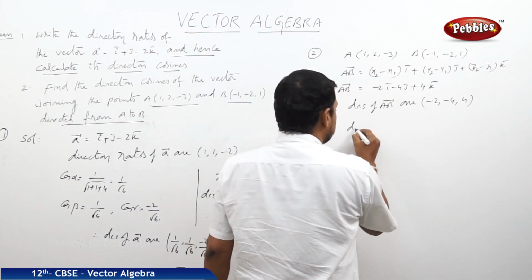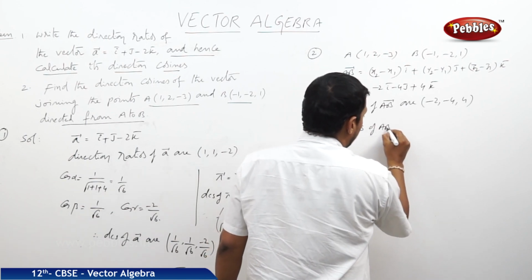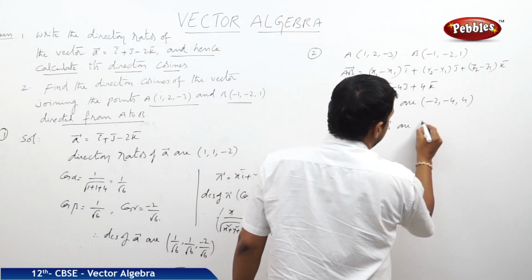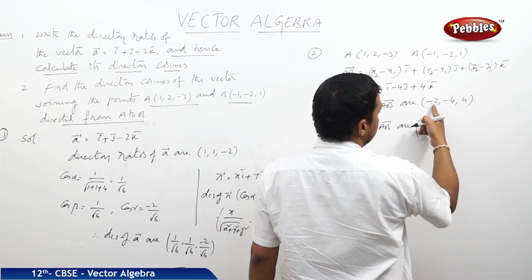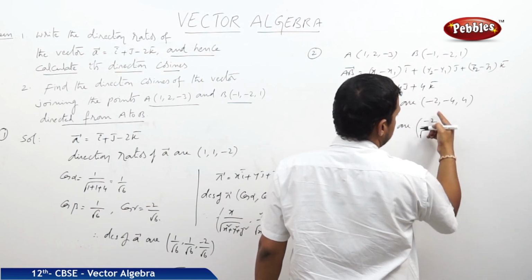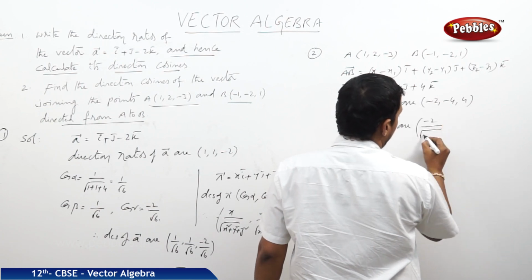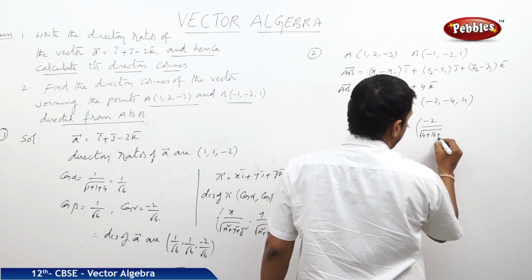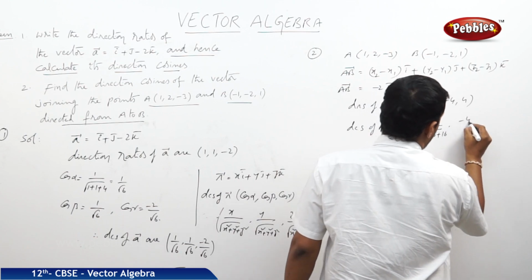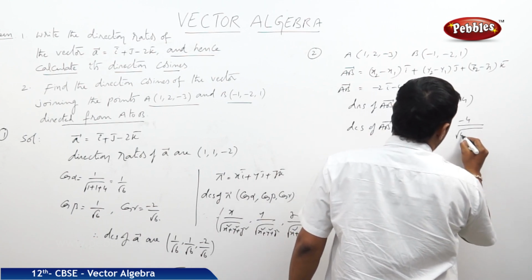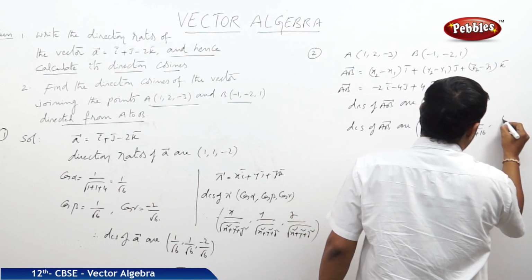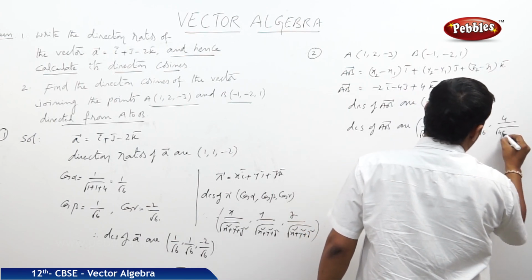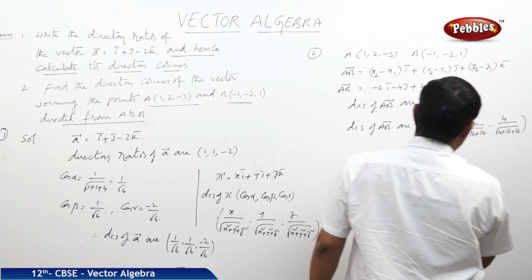For DCs, the DCs of the vector AB are minus 2 by root of a square plus b square plus c square, that is 4 plus 16 plus 16, comma minus 4 by root of 4 plus 16 plus 16, and next one is 4 by root of 4 plus 16 plus 16.